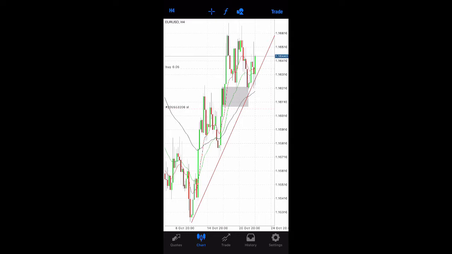Number 2 will be impulse and corrections, right? My definition of impulse and corrections might be different from what you already know, but you're going to have to unlearn what you know so that you can put the puzzle pieces together as I teach you each and every step of my strategy.